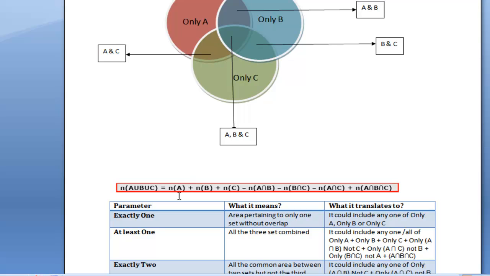Similarly, n of B is all the area marked in blue, and n of C is all the area marked in C. But since we are double counting the portion which is common between any two sets, I have to eliminate that by subtracting n of A intersection B, n of B intersection C, and n of A intersection C. But again, we would be leaving out the center portion, the intersection of all three elements. That's why we added it back again.